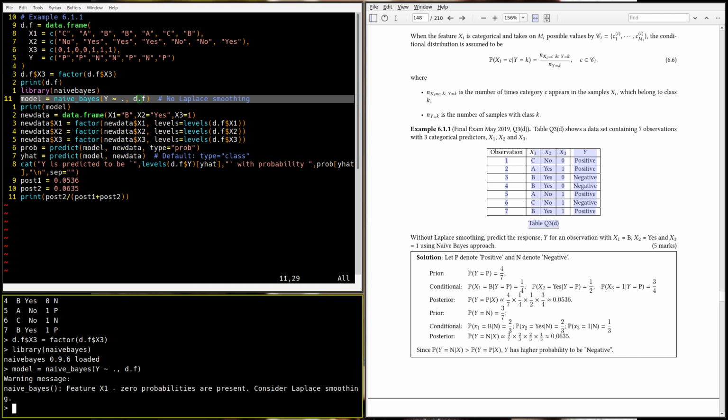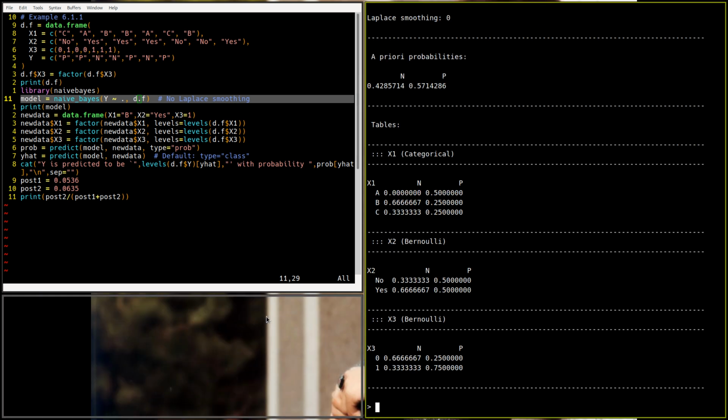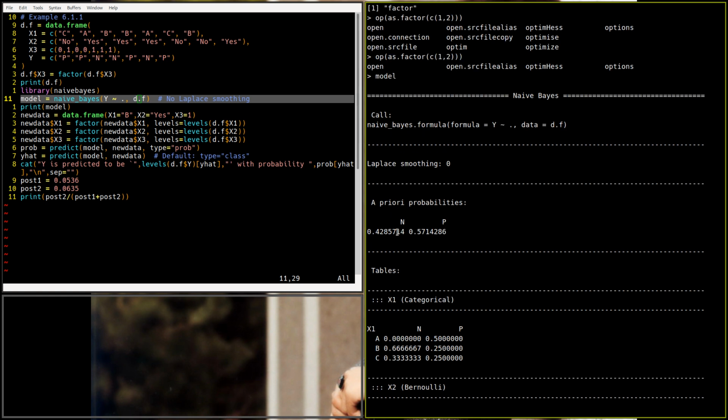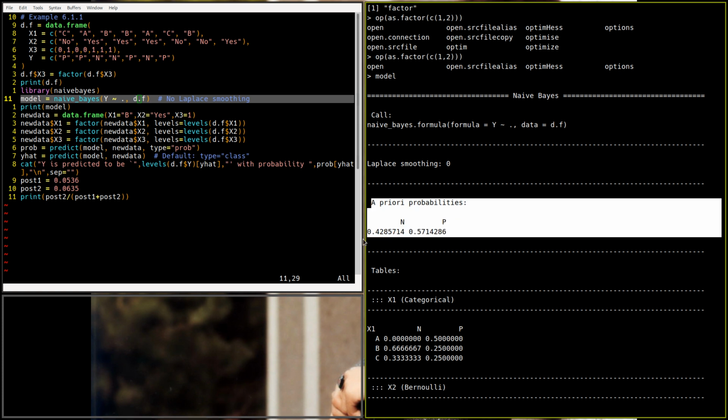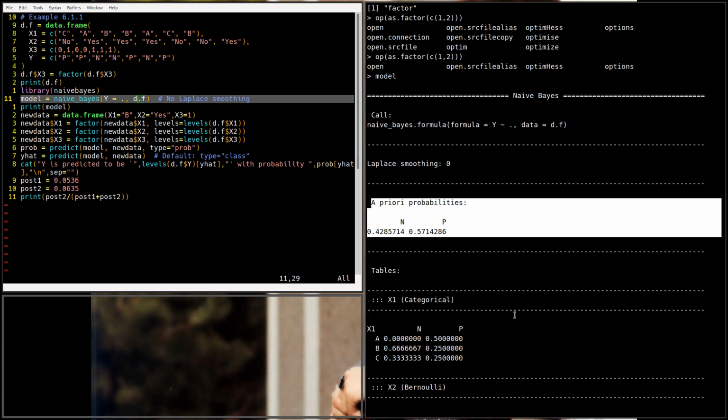I'll just move over here and show you. In the model, you can see that the prior probability is given here, right? The prior probability is the same over here, 4/7 and 3/7.